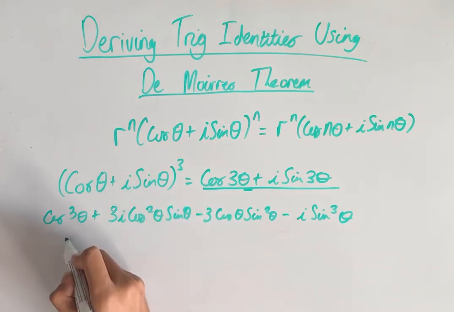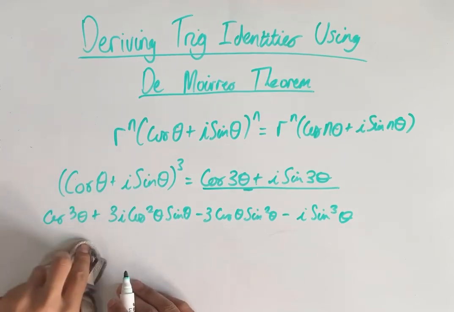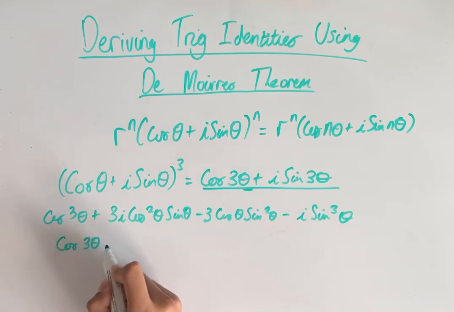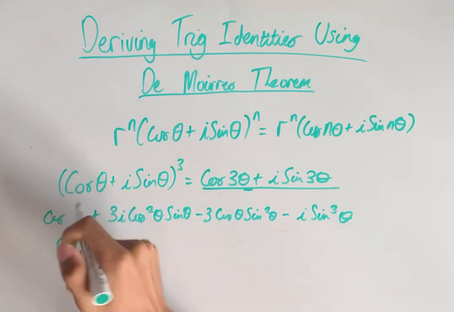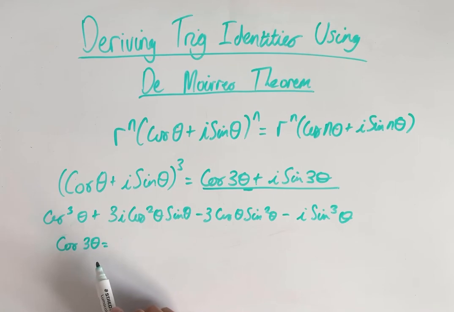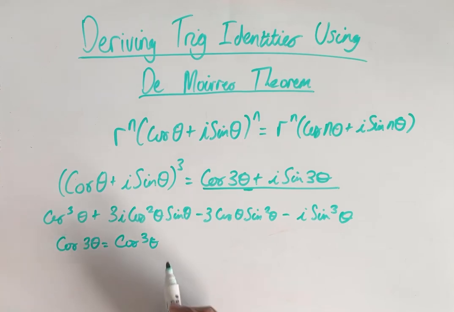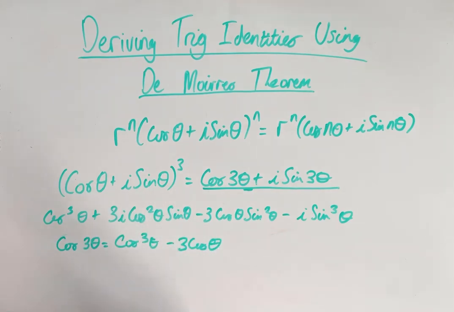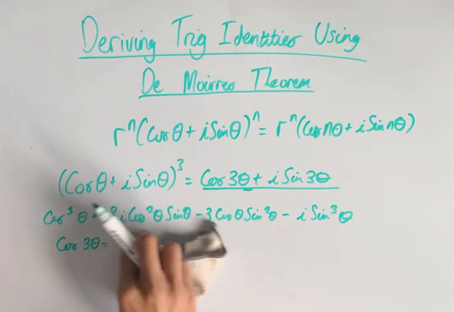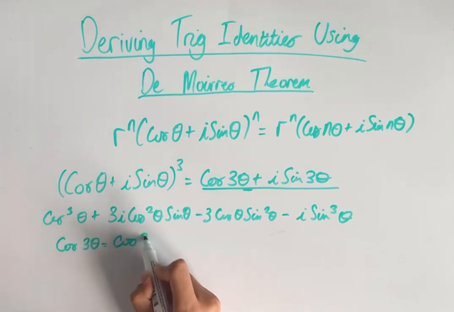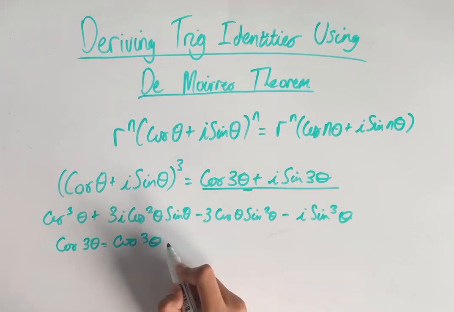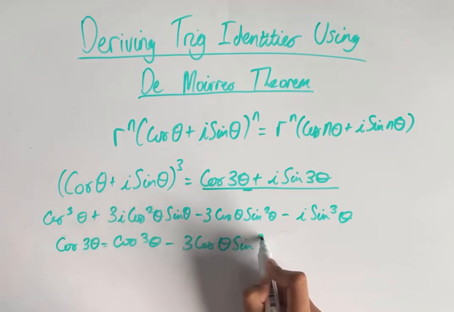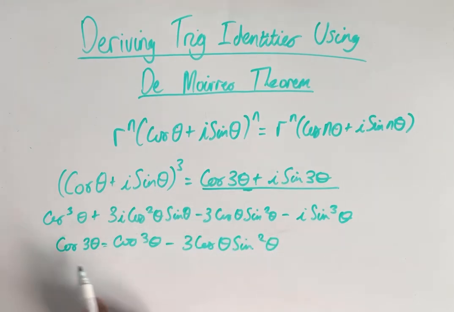So looking at just the real parts, cos of 3 theta must therefore be equal to cos cubed theta, and then the second real part is minus 3 cos theta sine squared theta, right? These are the only real parts, so we know that this statement must be true.